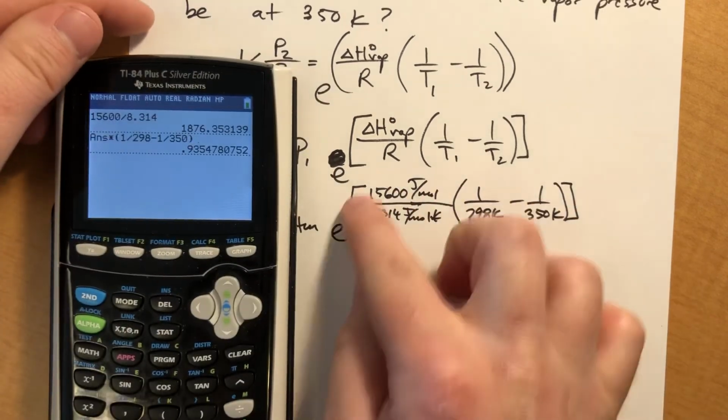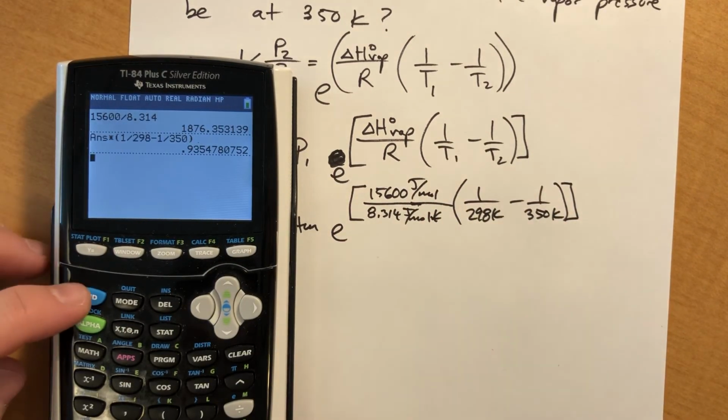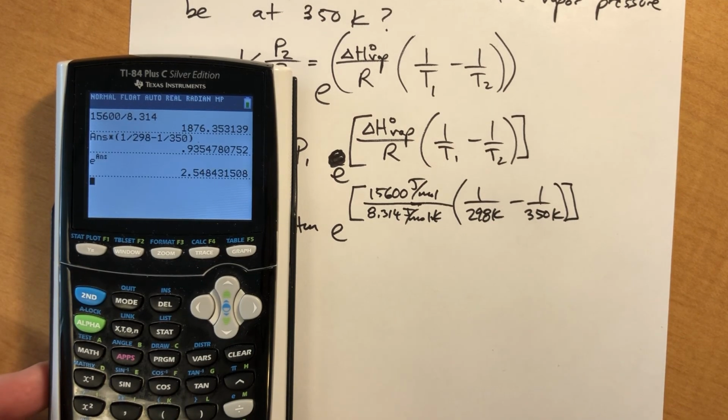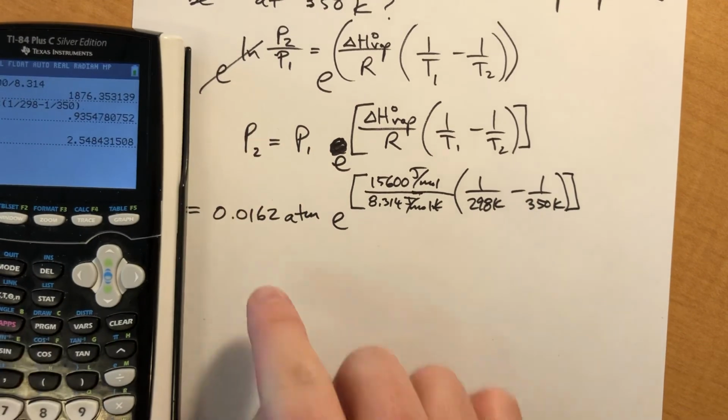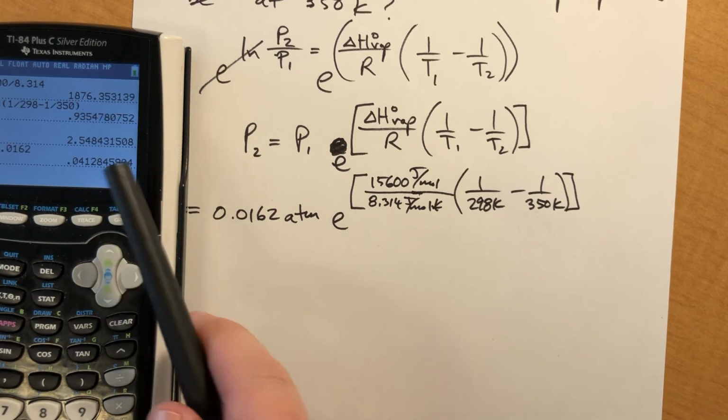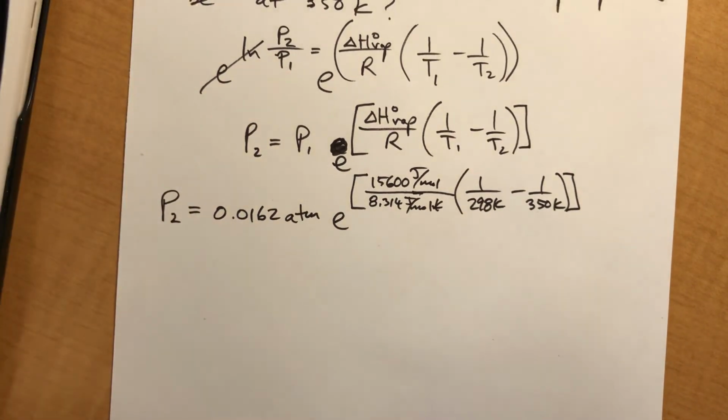Great, so we got all of this. That is the exponent of E, so I'm going to do E to the answer. And I got 2.54, and then times 0.0162. So it comes out to 0.0413.